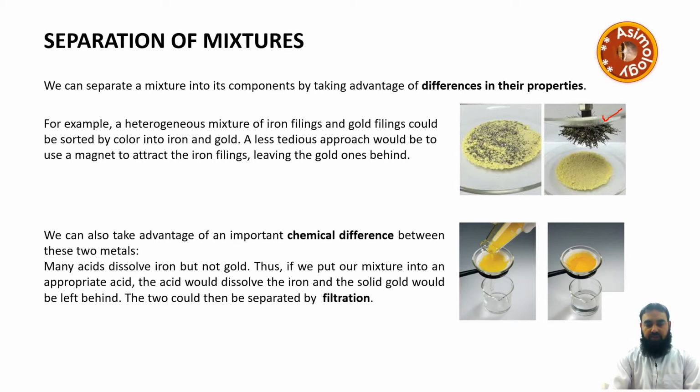When this mixture is added to an appropriate acid, it will dissolve the iron filings and the gold particles will be left behind. So by filtering this liquid mixture, you can get solid gold particles on the filter paper, and iron dissolved in acid is the filtrate. So these are common examples.